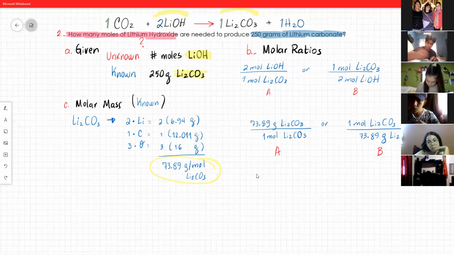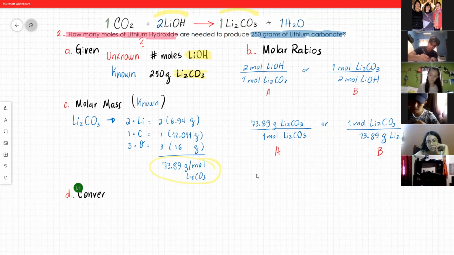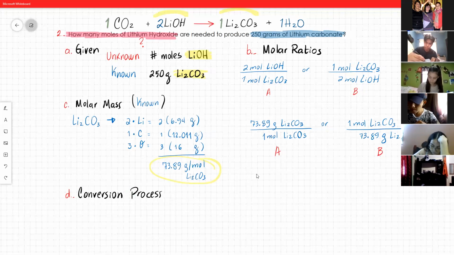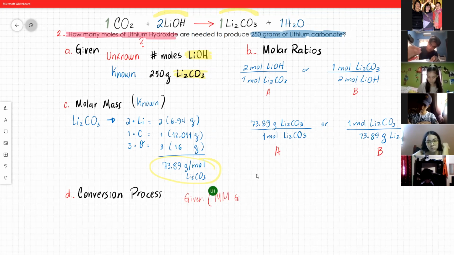Now, in the last step, what I do is the conversion process. So the conversion process, remember, is given times the molar mass given times the molar ratios.